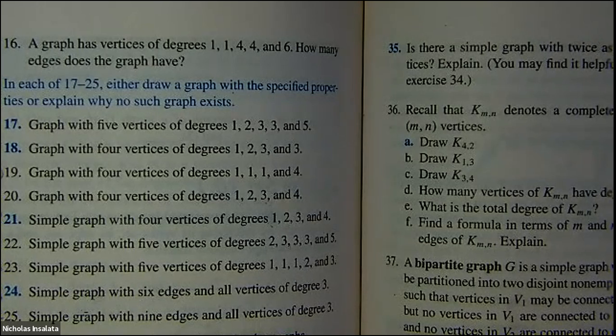So let's think about this for a minute. The information that's missing that we're going to need to draw this graph is how many vertices there are, right? Now, if we have 9 edges and every vertex has degree 3, how many vertices do there have to be and why?